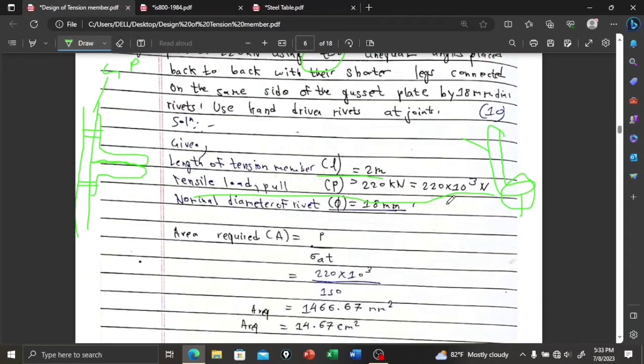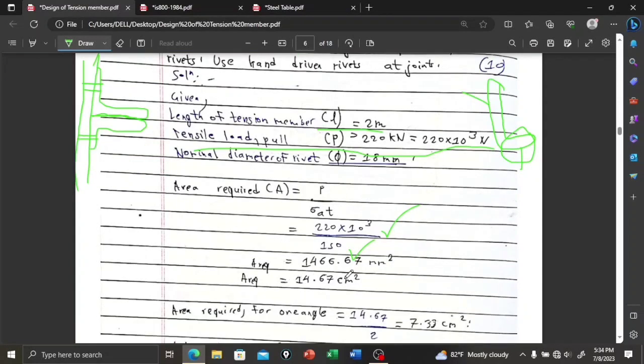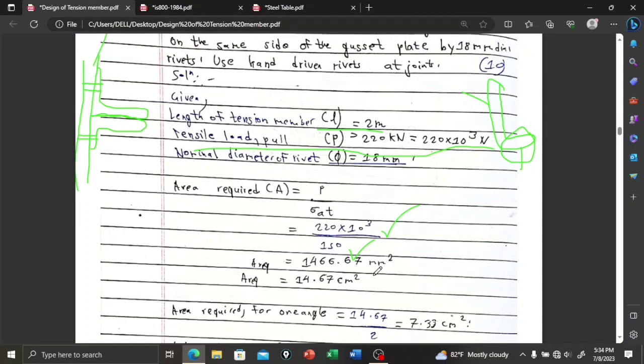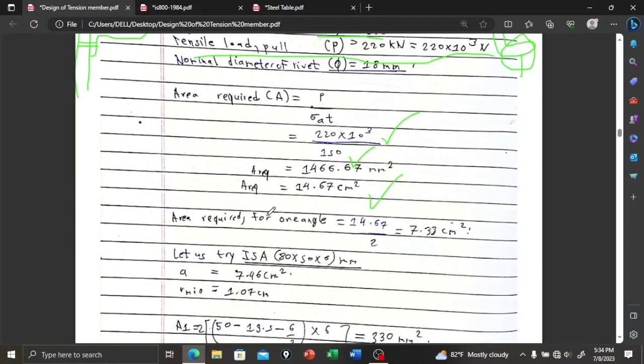Force is 220 into 10 power 3, and A required is 1466.67 millimeter square. To convert it to centimeter square, we divide by 100, that is 14.67. So this is area required for two angles. For one angle it is 14.67 divided by 2, it is 7.33 centimeter square.